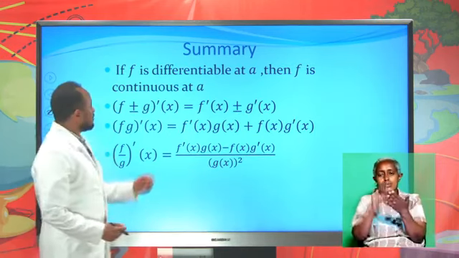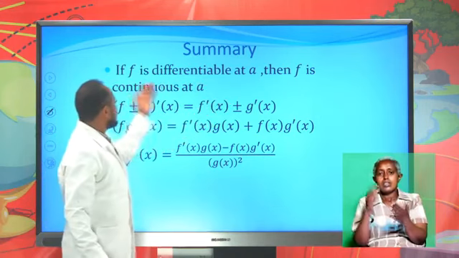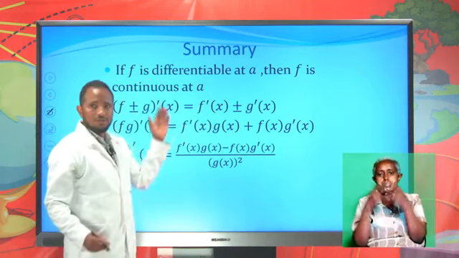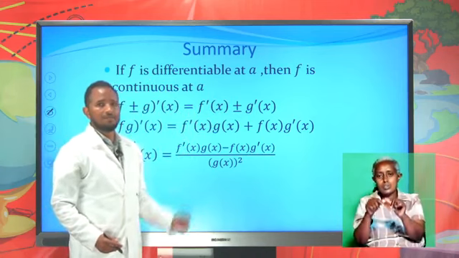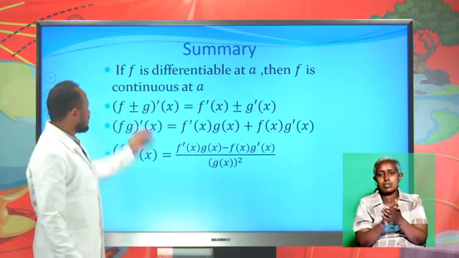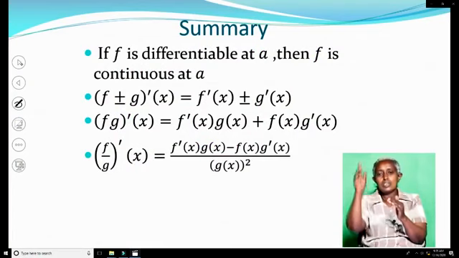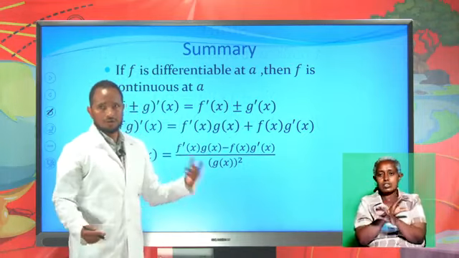If f is a differentiable function at a, then f is continuous. We have also seen that differentiability implies continuity, but continuity does not imply differentiability. The second part that we have seen is that the derivative of a sum of functions is equal to the sum of the derivatives of the individual functions, and you can add or subtract.